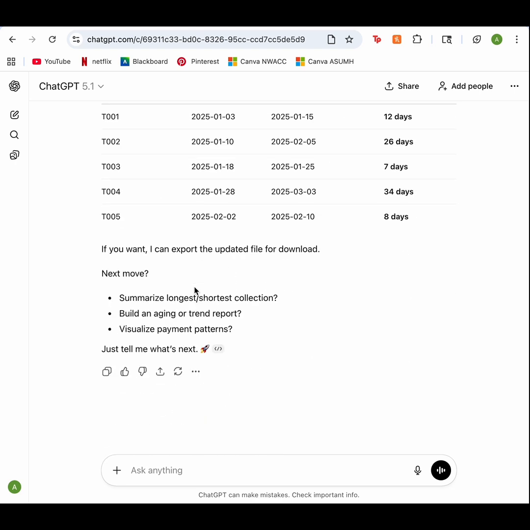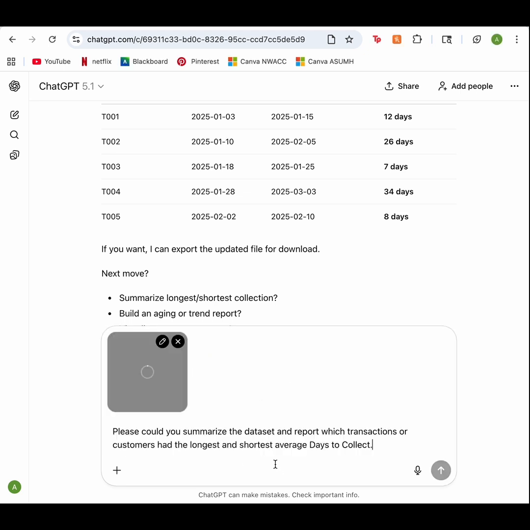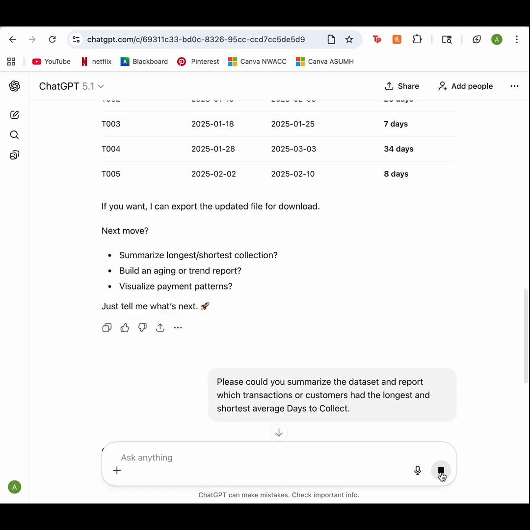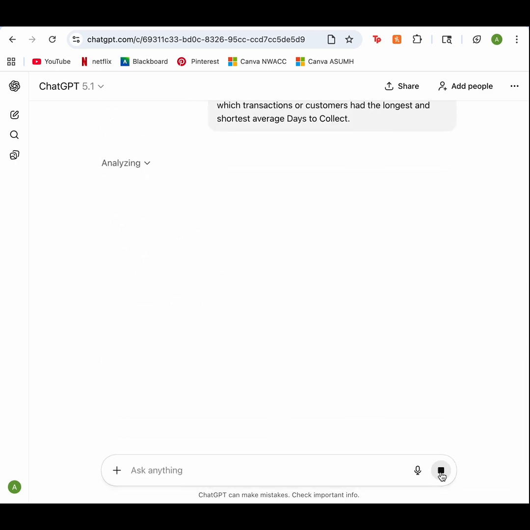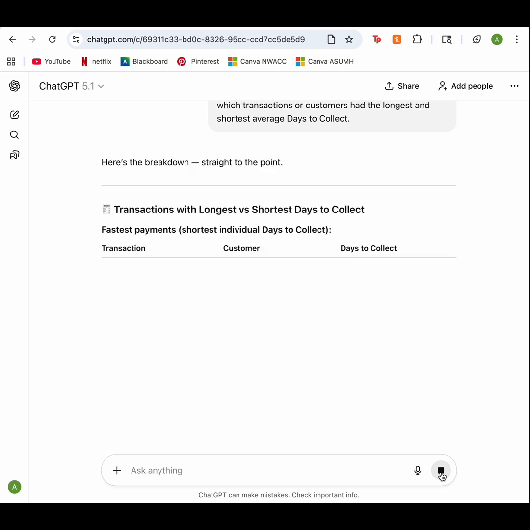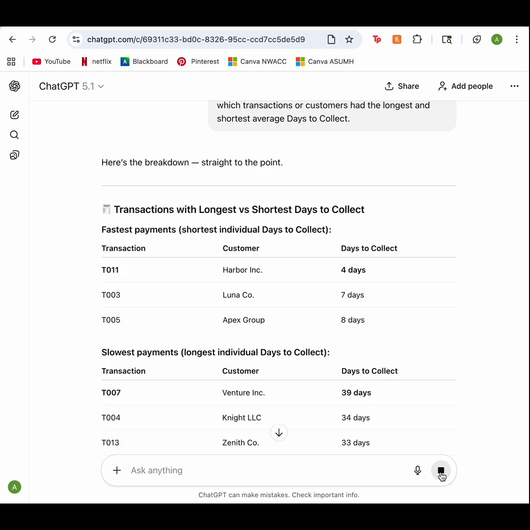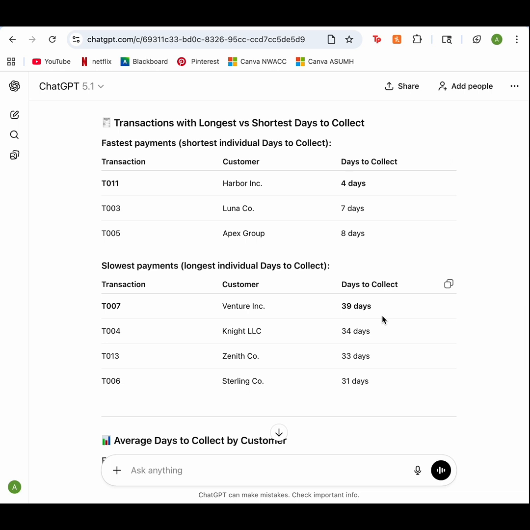Now that we have that information, we want to summarize the data set and report which transactions take the longest and which ones take the shortest amount of time. We'll summarize it by company to make it easier. This is really important because this lets us identify patterns. For example, we can see that Harbor Inc. is the quickest company to pay us back with a very short amount of time of 4 days.